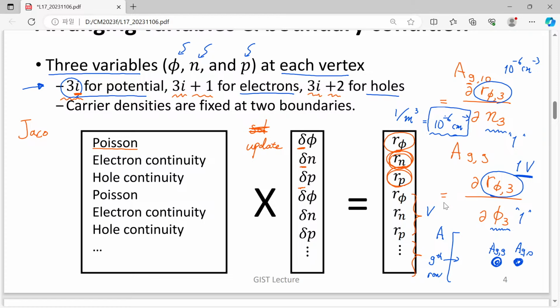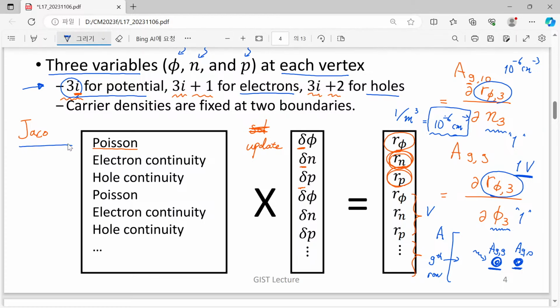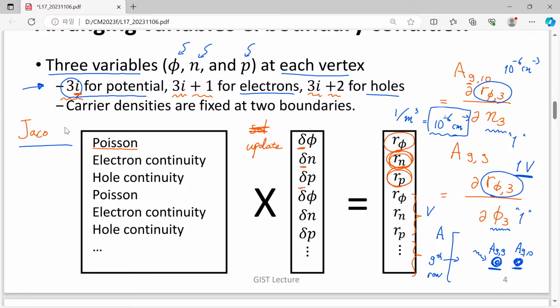Obviously this one has a much larger magnitude, and this one has a much smaller magnitude in your matrix. So simply speaking, when you actually build your Jacobian matrix, you can find that the entries can show quite a big difference in magnitude.